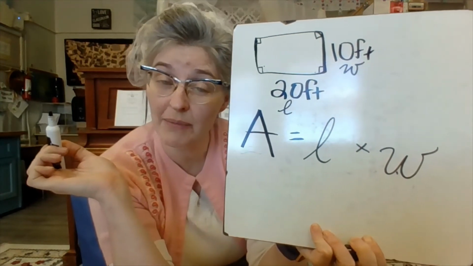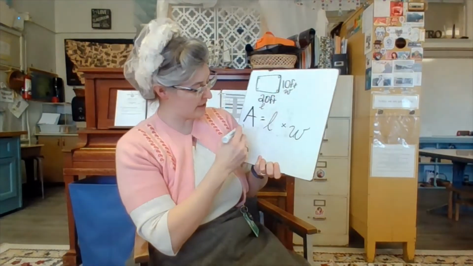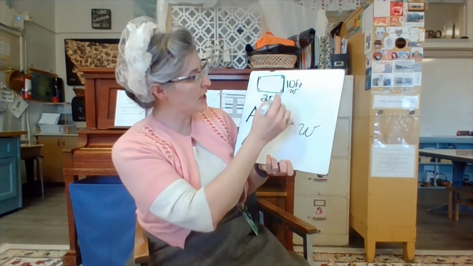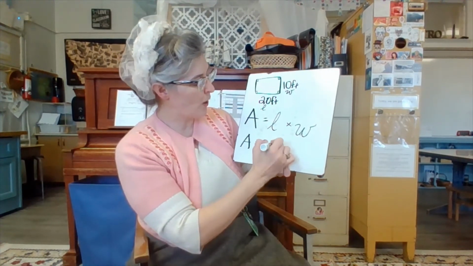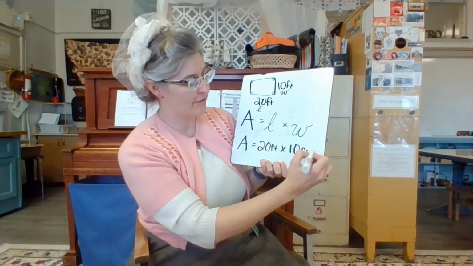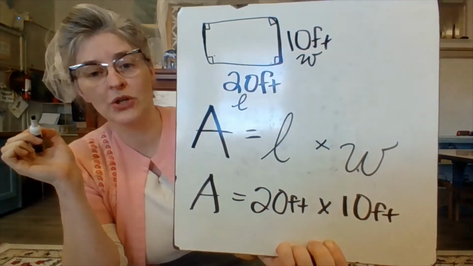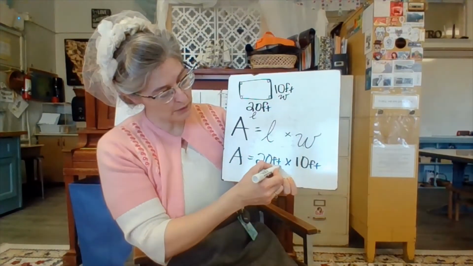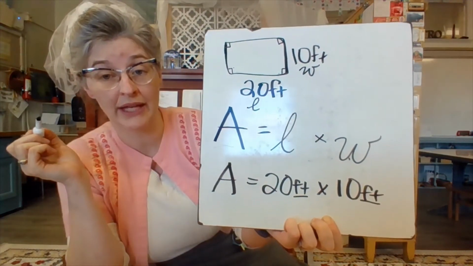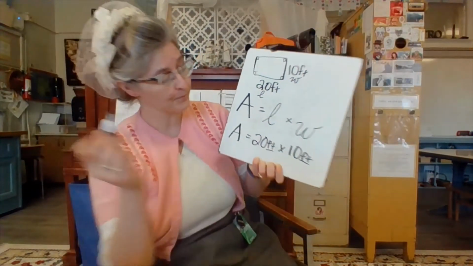So let's plug them into my fabulous formula and figure it out. So area equals 20 feet times 10 feet. And here you will see why it's so important to put your labels down. I need to remember the correct labels for my final answer.